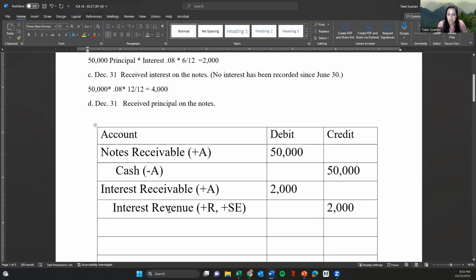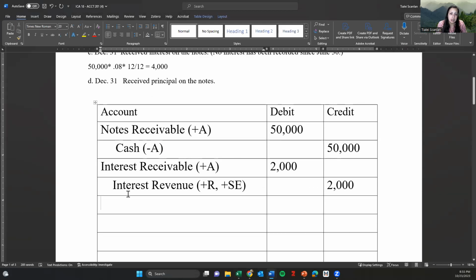Remember, we've already recognized part of the revenue, but 4,000 in cash will be realized. So our asset goes up by 4,000. We're going to get rid of the receivable because we're going to realize all of the cash. That's what we really want. We don't want the promise for cash. We actually want to receive the cash. Interest receivable will now be zeroed out, minus asset for 2,000.